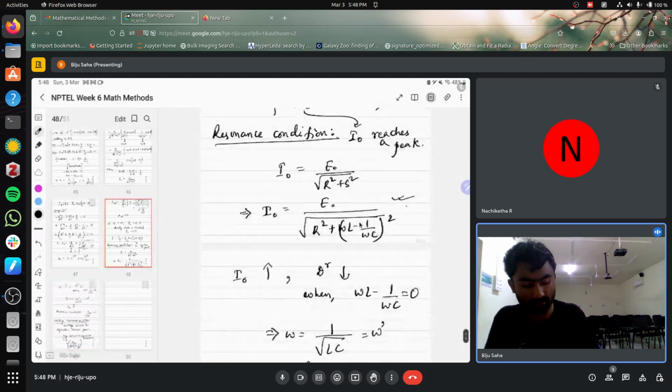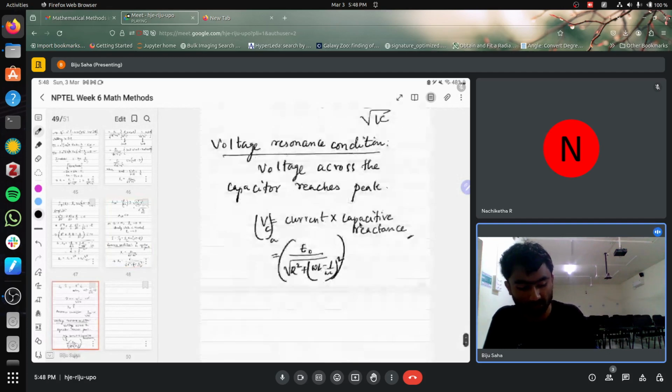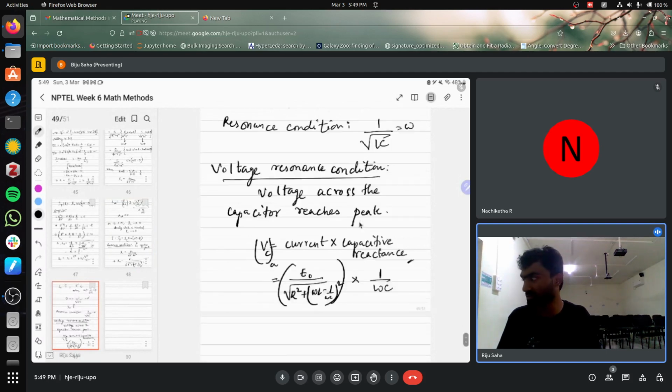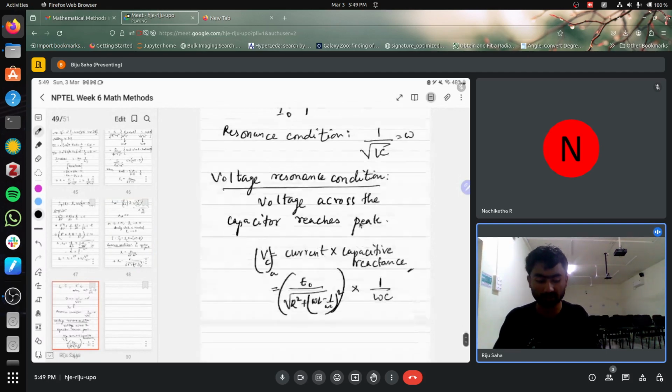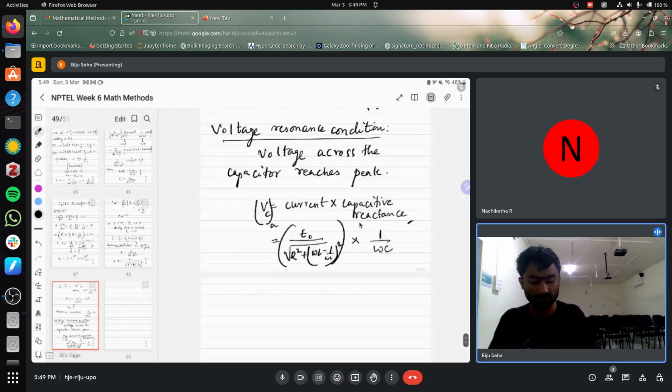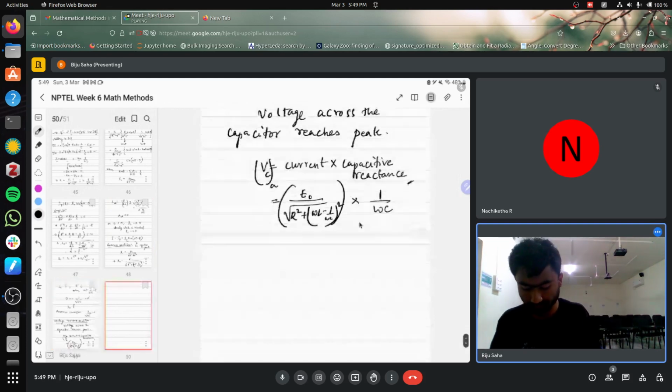I have written this amplitude of the current, and the amplitude of the voltage is equal to the amplitude of the current times the capacitive reactance. Omega L is the reactance across the inductor, and the reactance across the capacitor is 1 by omega C. So this is the amplitude of the voltage across the capacitor.